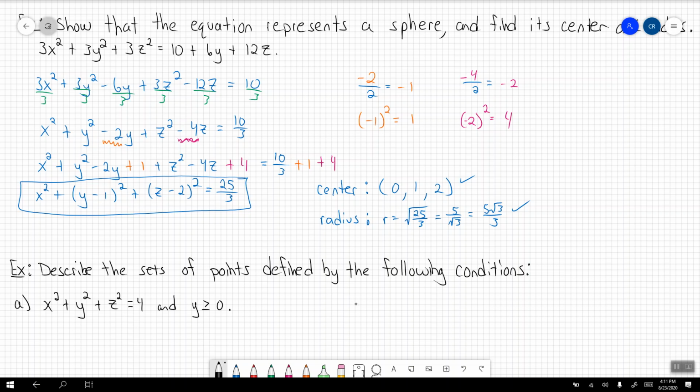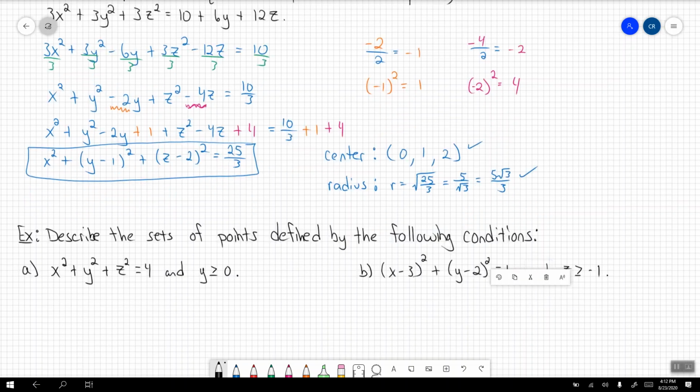Part B, we're going to be looking at x minus 3 quantity squared plus y minus 2 quantity squared is equal to 1, and z is going to be greater than or equal to -1.